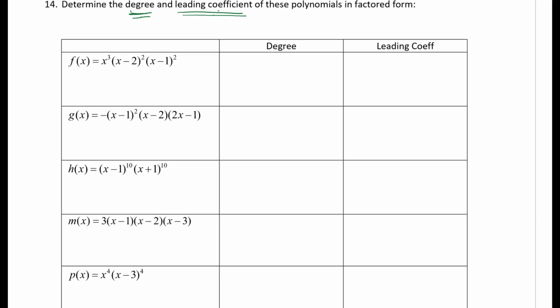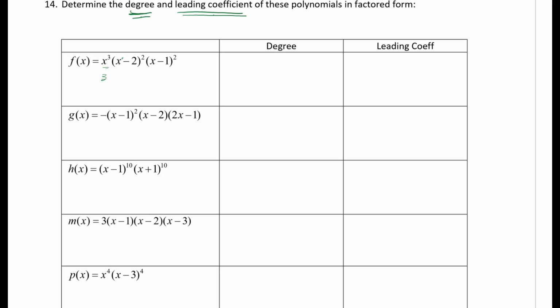So to find the degree, we just have to count up all the different powers of x that are occurring here. This little polynomial x has a power of 1, and it's getting cubed. So if we were to multiply this whole thing out, we'd get 3 degrees from this term.